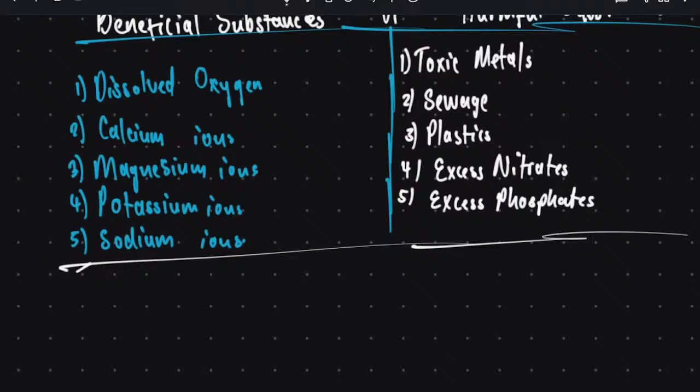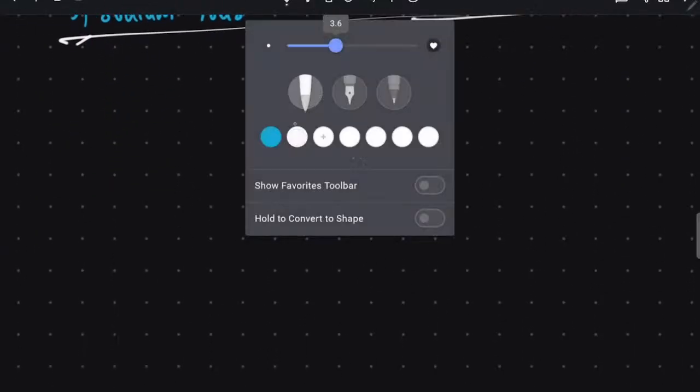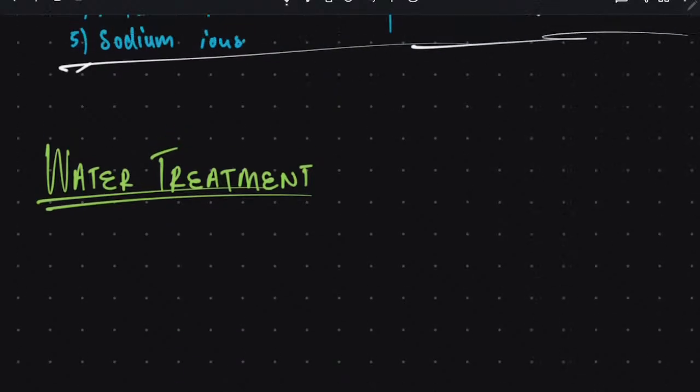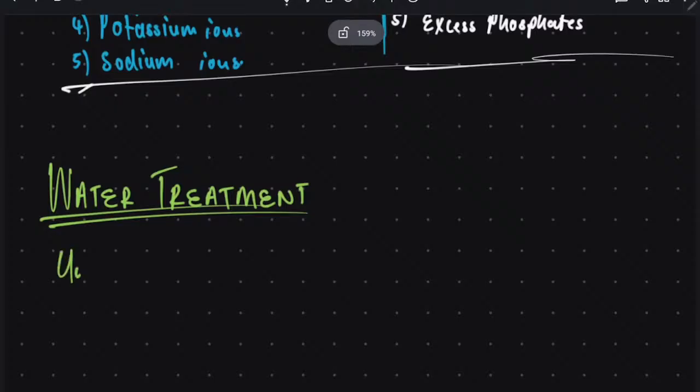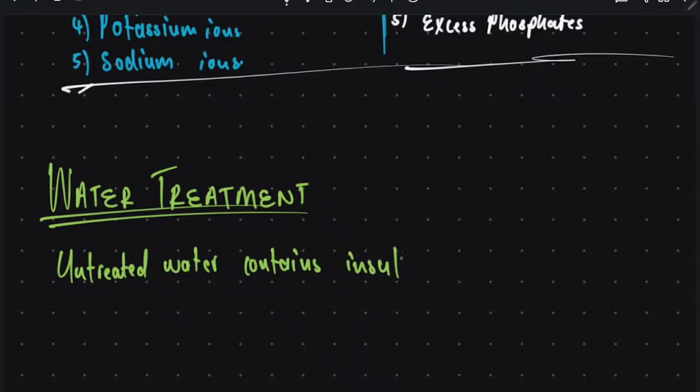Right. Now let's go to the next part. Water treatment. Why do we need to treat water? Untreated water contains insoluble impurities.